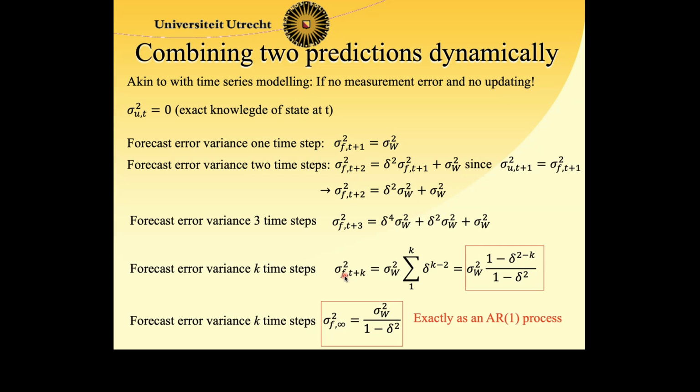That is what a Kalman filter does. Of course, in time series forecasting, we often assume that we don't have any observation errors, but we also do not have any updating, and therefore the forecasts, when applied to a Kalman filter, look like this.